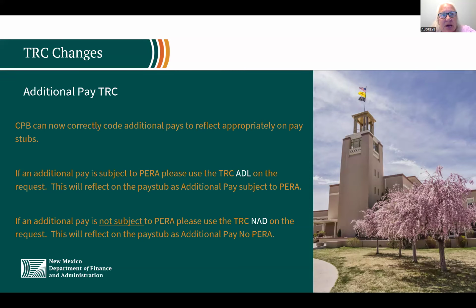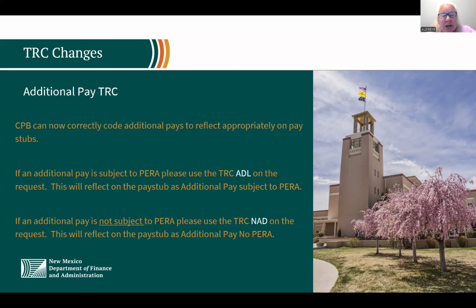And for those of you that have received such payments or have reviewed people's pay stubs that have received such payments, when we use NAD, it comes across on the pay stub as no para, additional pay, no para.